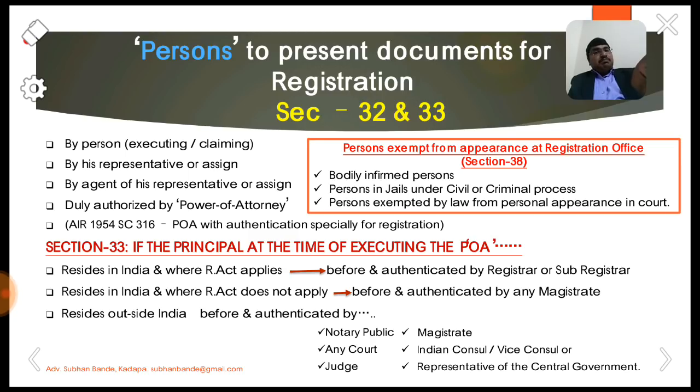They can present the documents for registration by his representative or assign or agent of his representative or assign. The persons in jail under civil or criminal process are exempted. They can present the documents for registration by their representatives. The persons exempted by the law from personal appearance in the court. These three categories of persons are exempted from appearance at registration office.